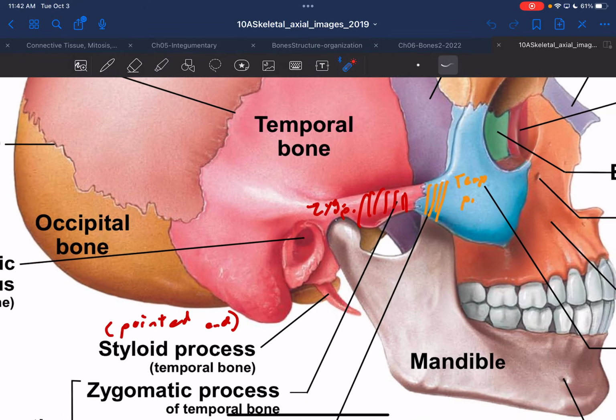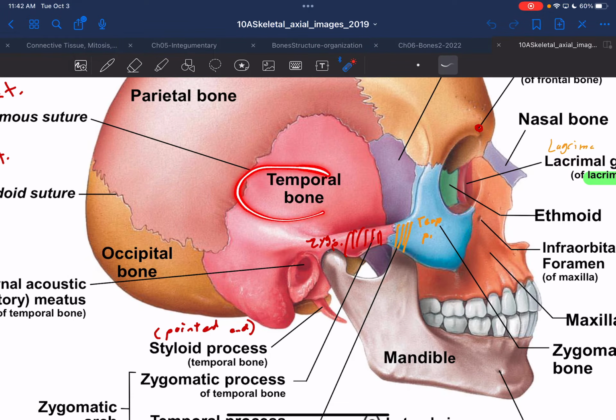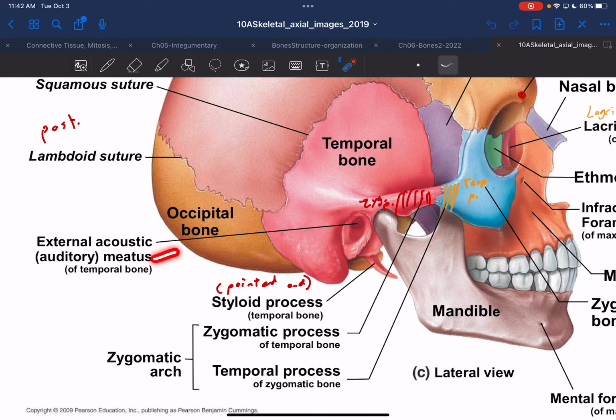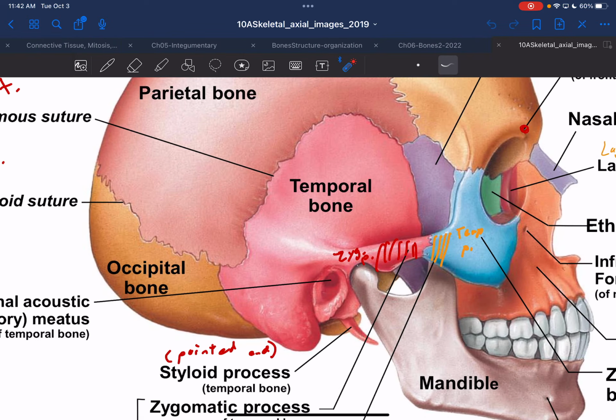The next thing that we can visualize from this view on our temporal bone is that ear hole that I jokingly call the ear hole, but it's actually called the external acoustic meatus. You may use external auditory meatus, whichever one you prefer. And again, this is a bone marking of the temporal bone. It's just going to be that opening that you can see on the side of the skull.